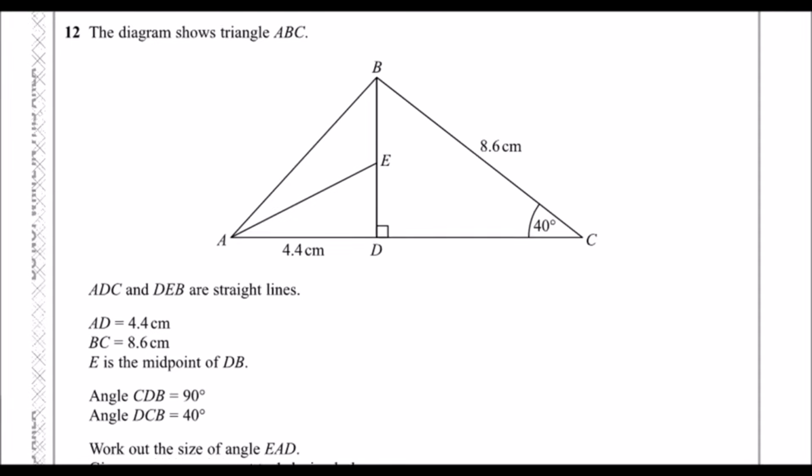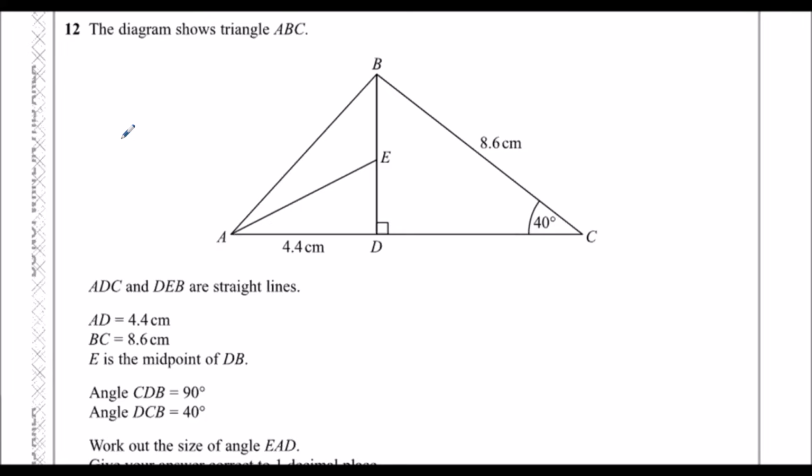Question 12. The diagram shows triangle ABC. So we've got ADC, which is a straight line. We can see that on the diagram. DEB is a straight line. Again, we can see that on the diagram. A to D is 4.4, which we can see. B to C is 8.6, which we can see.